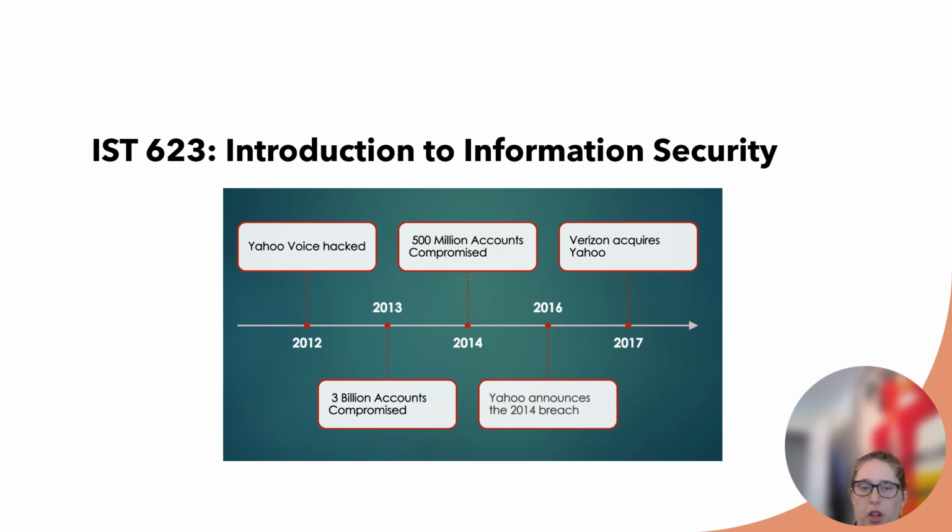In 2016, Yahoo announced those 2014 breaches 2 years after the fact. That was found during Verizon's investigations as they were attempting to acquire Yahoo. And Verizon acquired Yahoo then in 2017 for a significantly lower price.